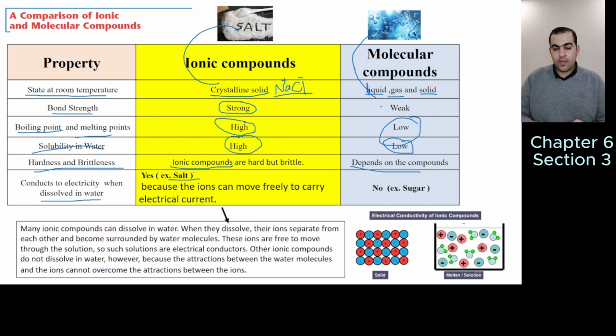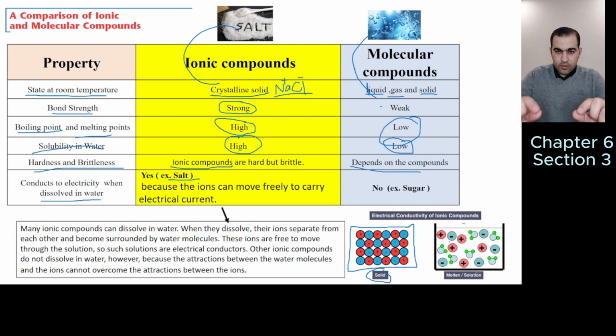Why? Look, salt is made of a group of ions. They are bonded with each other. This is salt, the arrangement is a crystal, and the ions are not free. But after dissolving in water, what happens?